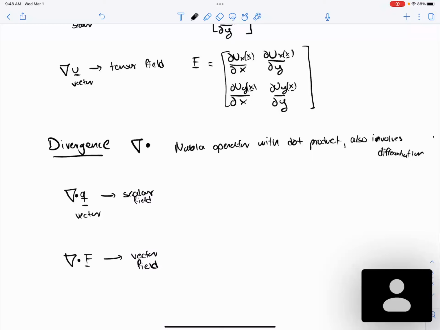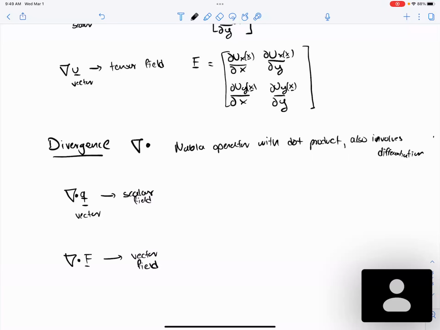So the gradient raises the order of the field, from a scalar to a vector, from a vector to a tensor. The divergence also involves some derivatives, but it lowers the order of the tensor field. So from a tensor to a vector, from a vector to a scalar.